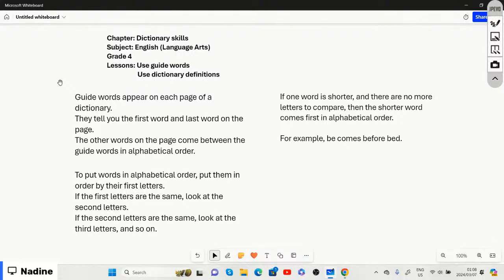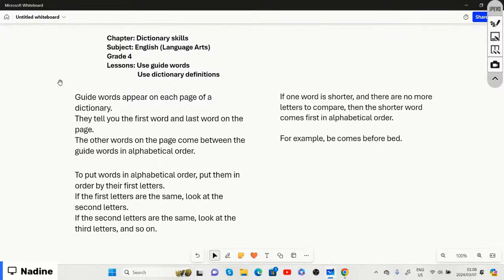And like we said, to put words in alphabetical order, we need to put them in the order of the first letter. If the first letters are the same, then we look at the second letter.